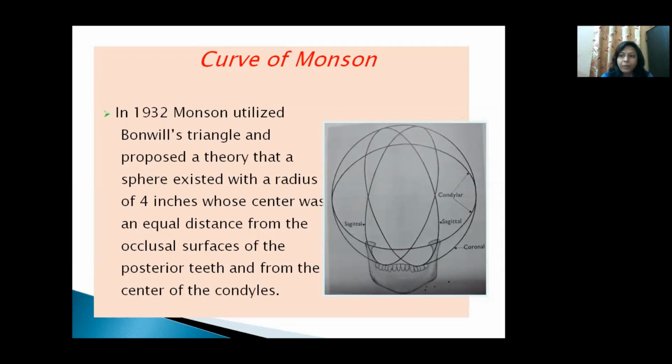So the curve usually does not exceed 5 to 10 degrees from the horizontal plane of orientation when viewed in the frontal plane. So the curve of Monson is obtained by extending this curve of Spee, and this curve of Wilson, to all cusps and incisal edges.